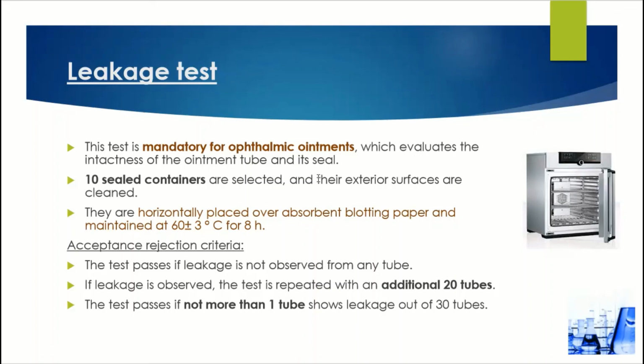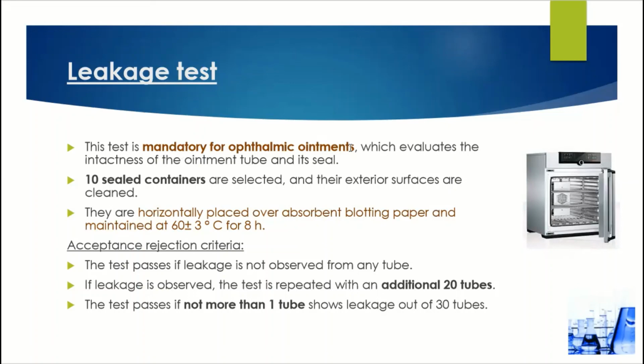It is totally closed and sealed, sterile and aseptic. But in the case of the ophthalmic preparation, there is a plastic seal on the container. So we have to consider whether the seal of the ointment is intact or not. So the leakage test is performed for the ophthalmic ointment. This is also a basic test for the ophthalmic ointments.